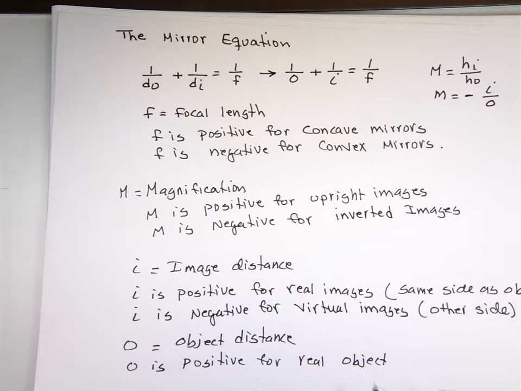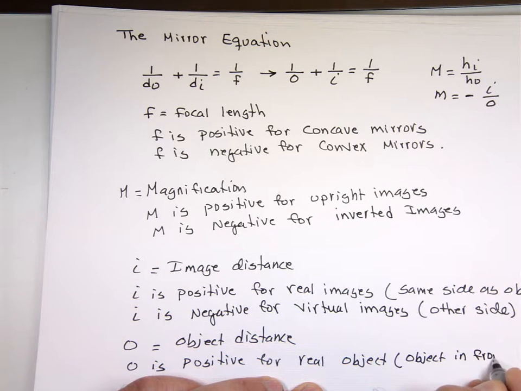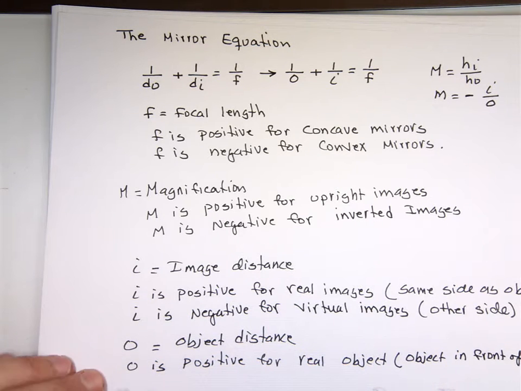That means the object is in front of the mirror. In front of the mirror. Or O is negative for virtual object.